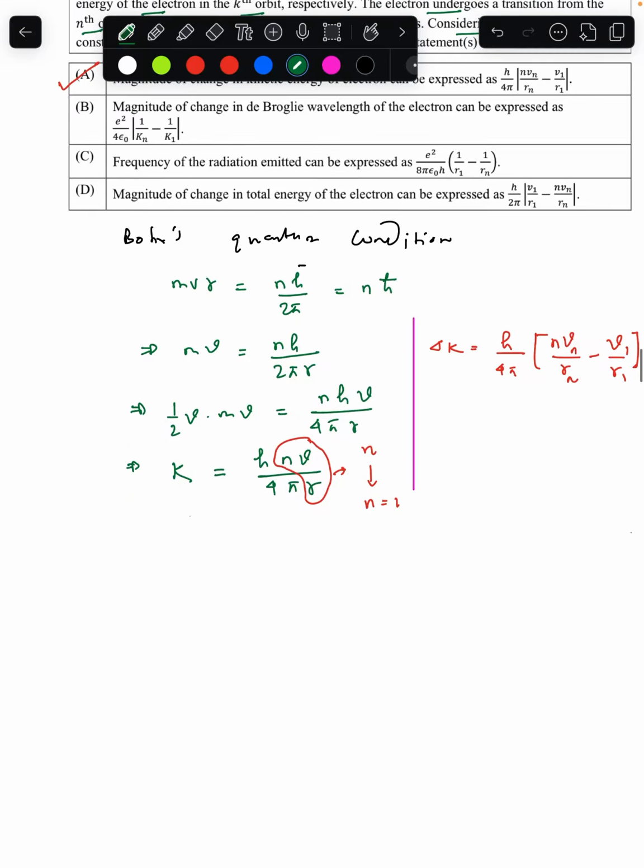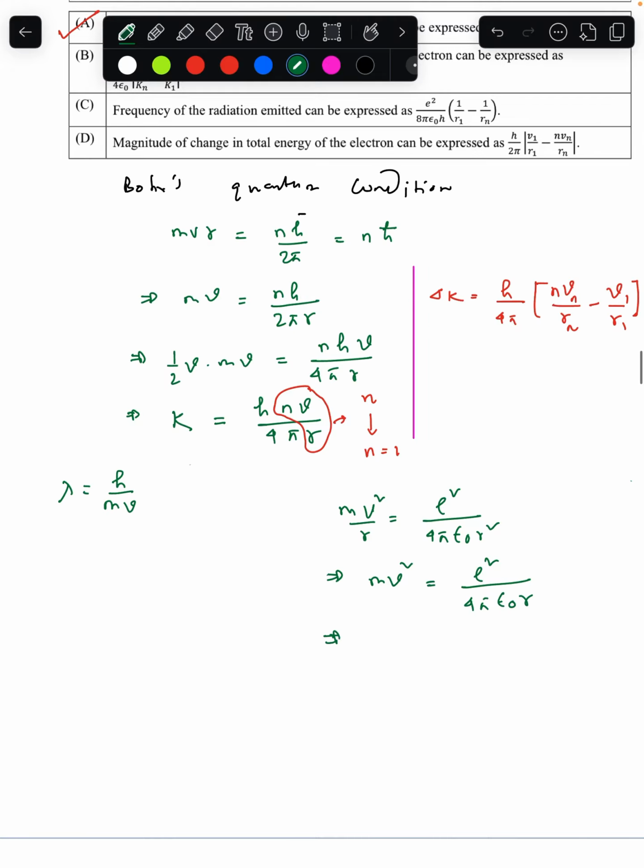They are talking about the magnitude of change in de Broglie wavelength. So they are asking lambda. Lambda is equal to h by mv. Now we have to manipulate the data. We know mv square by r is equal to electrostatic force, E square by 4 pi epsilon naught r square. So mv square is equal to E square by 4 pi epsilon naught r.